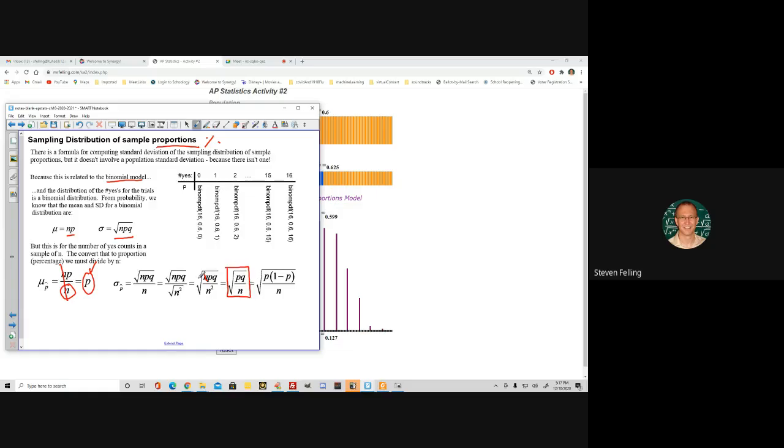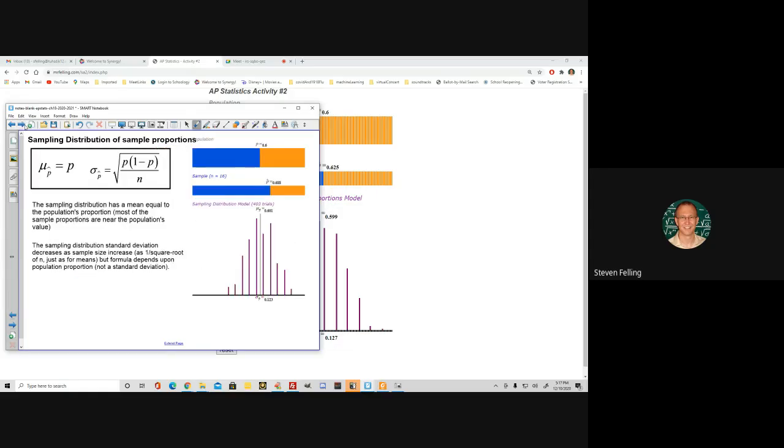So that's the formula. The mean of this envelope will always align itself with whatever the population proportion of yeses is. And the standard deviation of the p hats is going to be equal to the square root of pq over n.